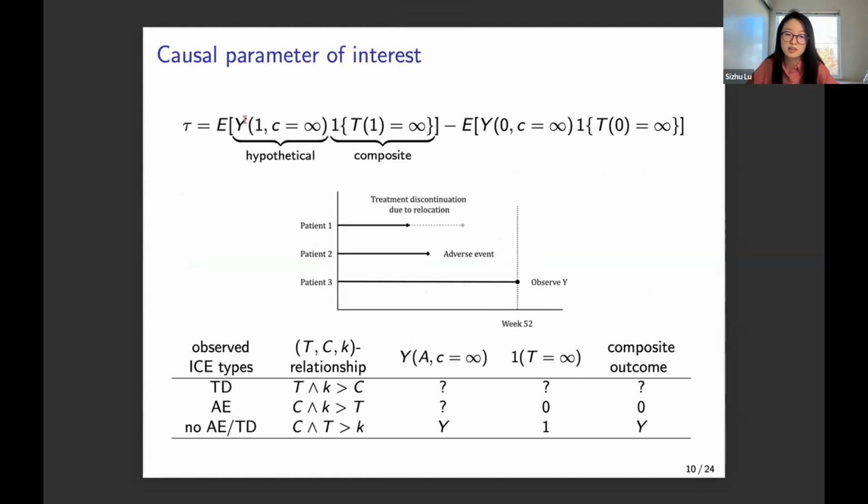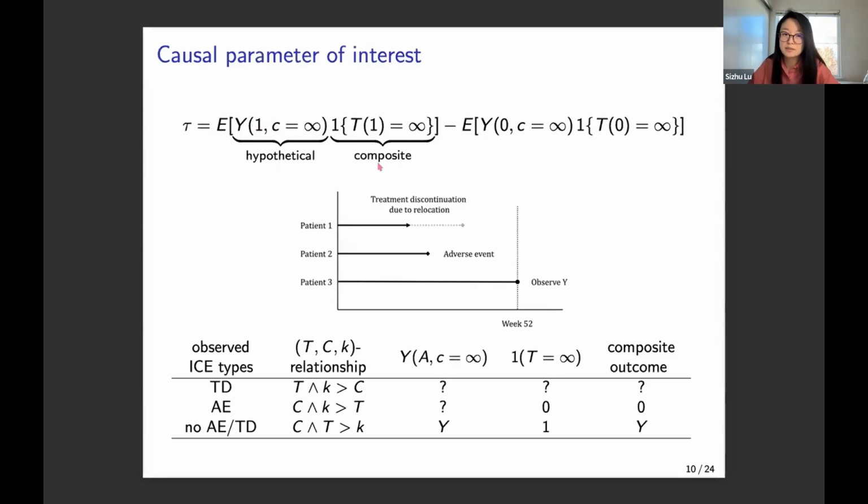The first part corresponds to the fact that we are using the hypothetical strategy to deal with the effect uninformative intercurrent events. So we are asking the question, what is the potential outcome controlled at C equal to infinity, which means controlling for the fact that there is no treatment uninformative event happening before the measurement of Y? What is the potential outcome?